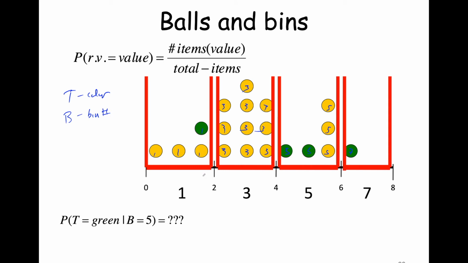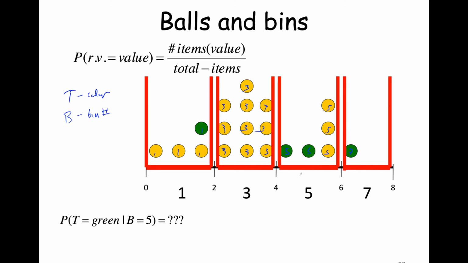Well, let's look at this. We take our total. Well, our total has changed. Our universe of consideration is no longer the full 20 objects. It's now just the 1, 2, 3, 4, 5 objects associated with tennis balls in bin number 5. So now that our universe of consideration has changed, we express the number of items of certain value, i.e. green, given the total number, those items that are only from bin 5.